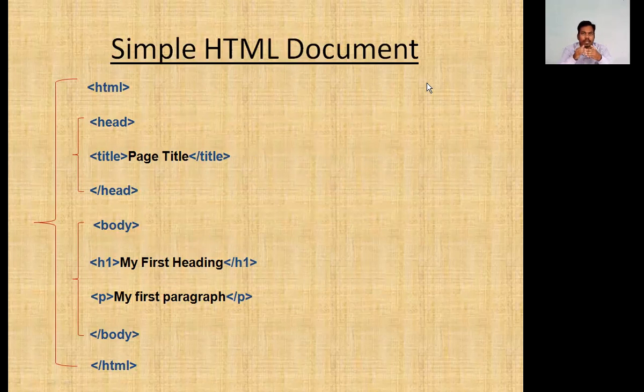So where will you write this markup language, these tags? Notepad, the basic editor. There are a number of editors, but the basic editor which you should use during the learning period is Notepad, right? In Notepad, you can write all these tags, and when you save that file, it will take the .txt extension automatically. By default, it will take the .txt extension, right?